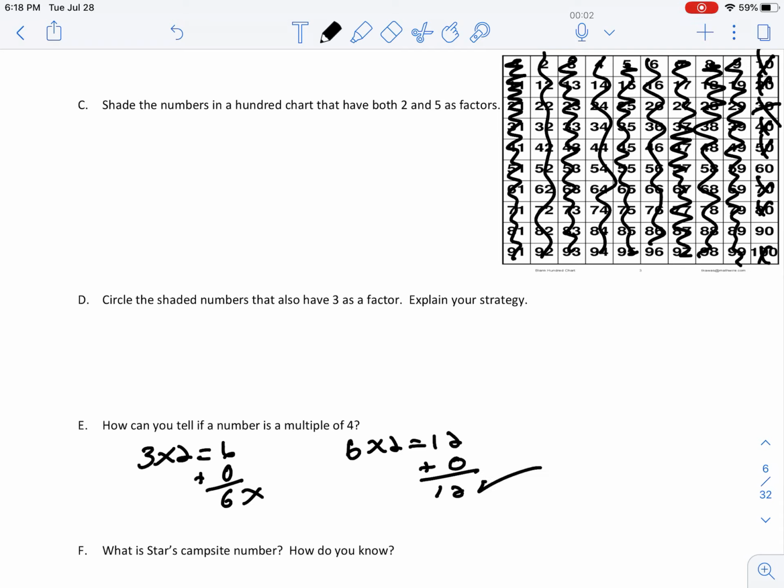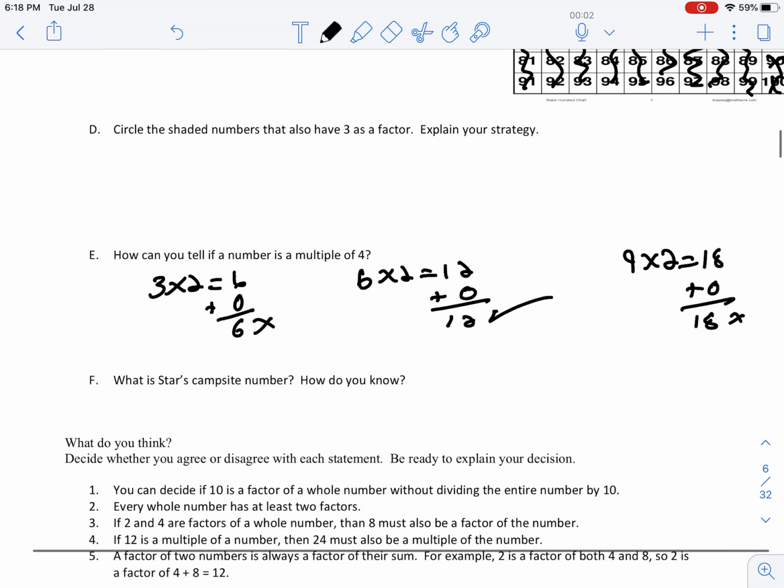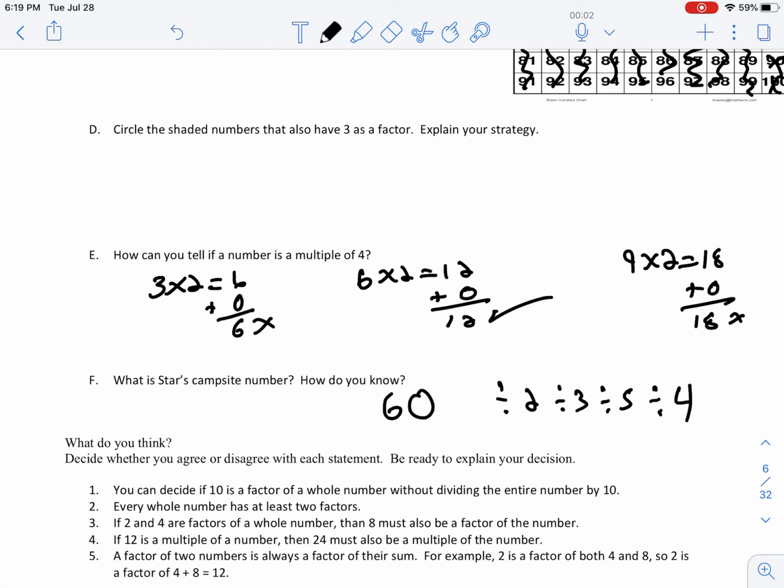Yes. 9 times 2 is 18, plus 0 is 18. 4 does not go into it. So what is Star's campsite number? Her campsite number is site 60. Why? Because it's divisible by 2, divisible by 3, divisible by 5, divisible by 4.